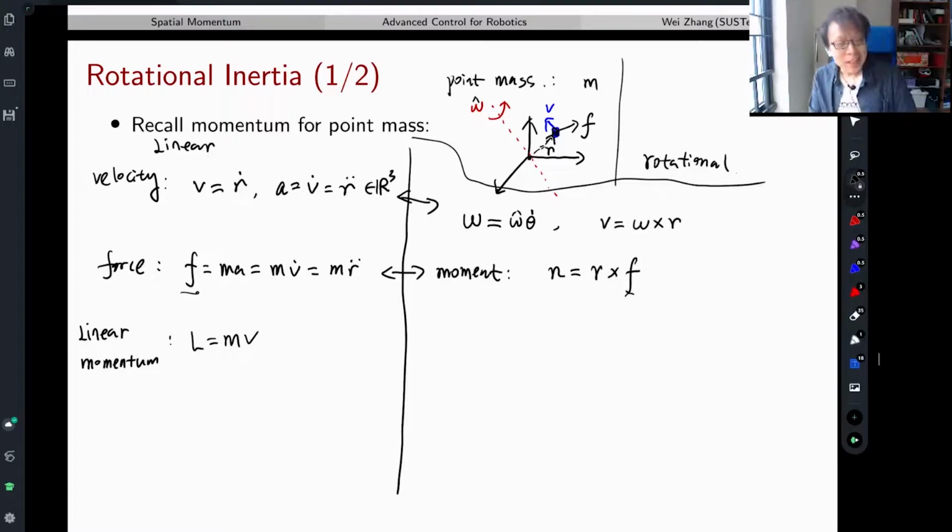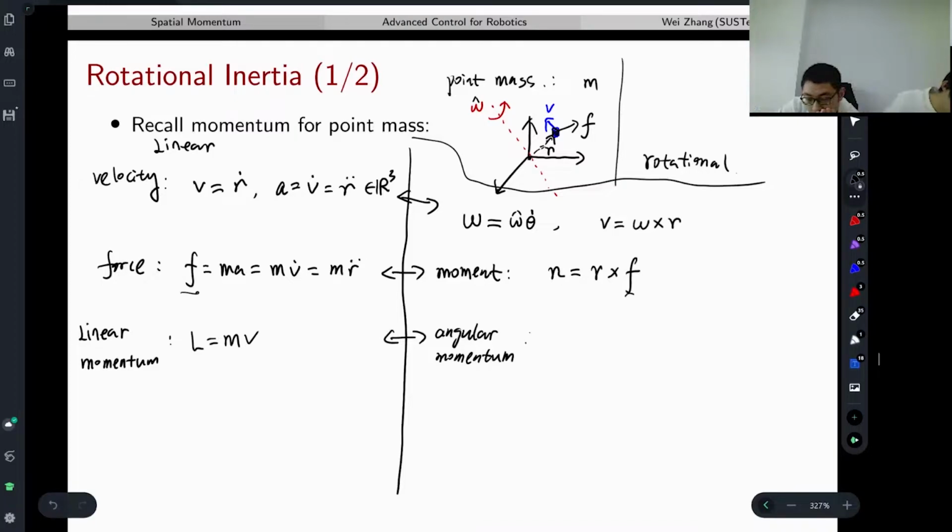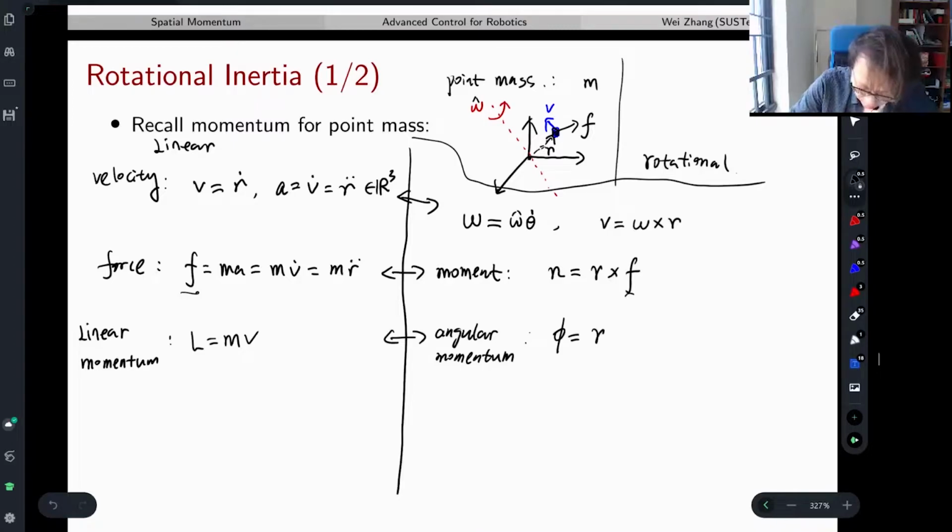Let's just use L for linear momentum. And for angular momentum, let's call that phi. It's r cross the linear momentum, which is what Ruben was trying to say, I think.